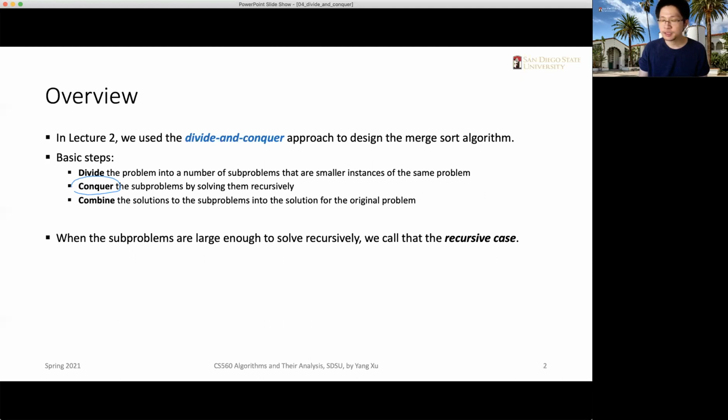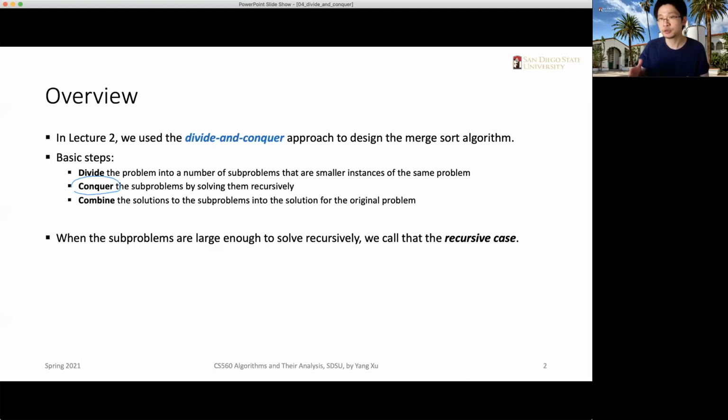When we divide the problems, because the input has limited size, we cannot divide them infinitely. Okay, so if the subproblems are still divisible, or still large enough to solve recursively, then we call this the recursive case.